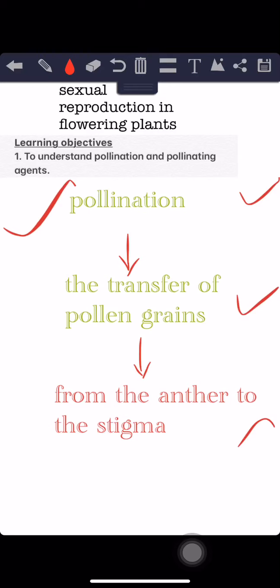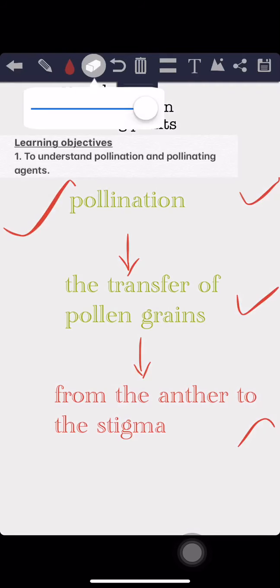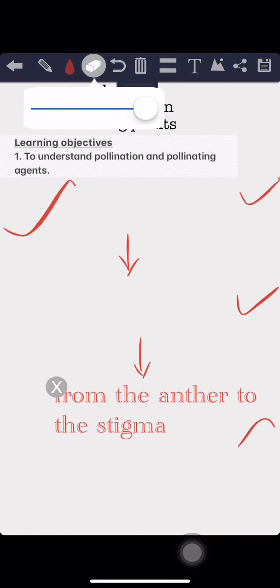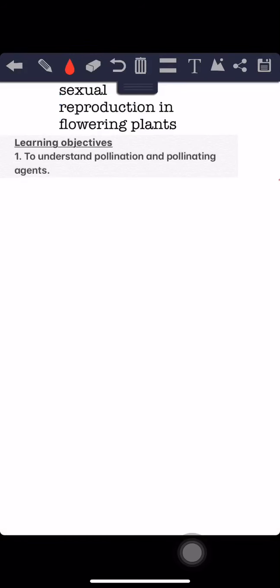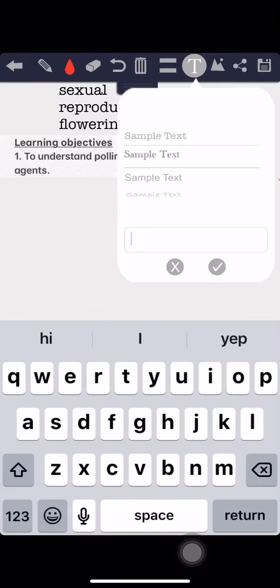So our next thing which we will study is the different types of pollinations. Now we are clear with what is pollination. Now we'll study different types of pollination.